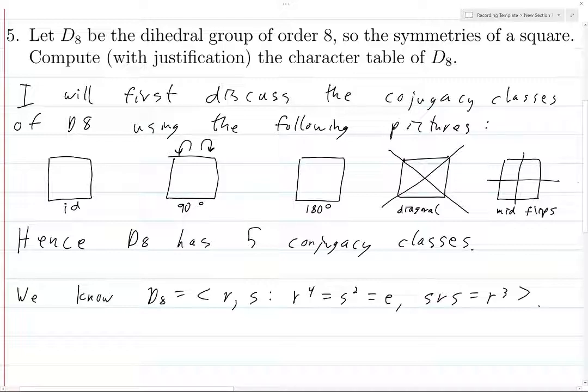And then, of course, if you rotate something 3 times, that's like rotating backwards.